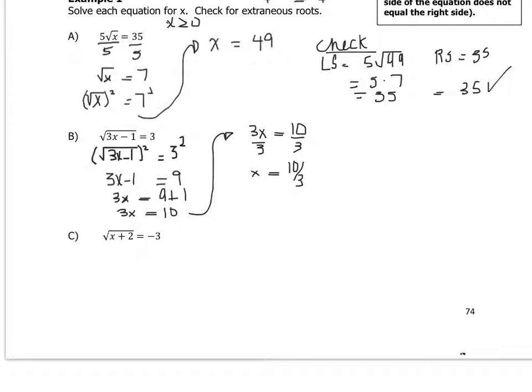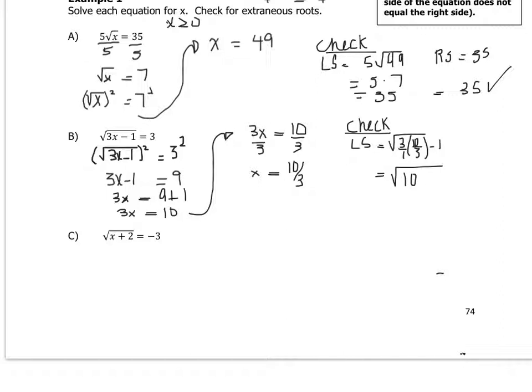Question B, if you want to check your solution to make sure you didn't pick up an extraneous root, the left side of the equation would be the square root of 3 times 10 over 3 minus 1, which would be the square root of 30 over 3, or 10.